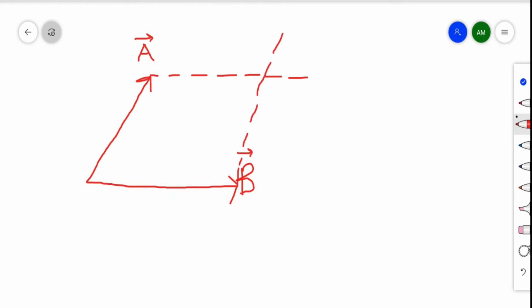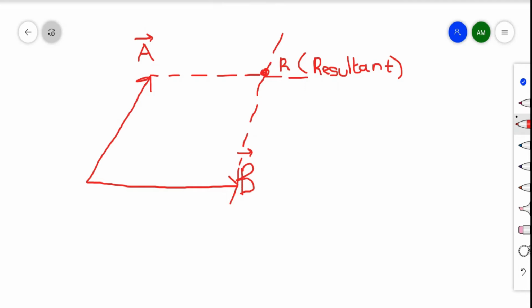Imagine that this is a parallelogram. So the intersection point here is known as R, or the resultant. Always the sum of two vectors is the resultant. The intersection point of the construction is the sum of two vectors.